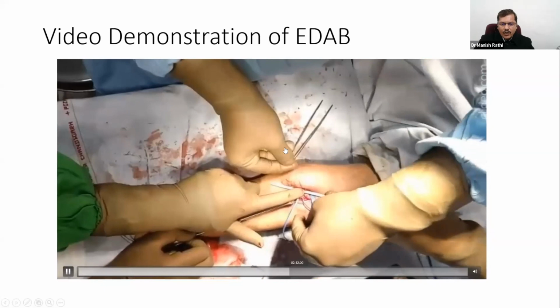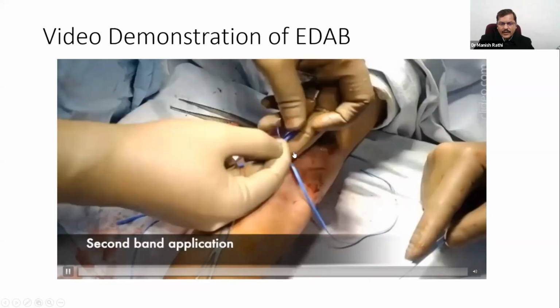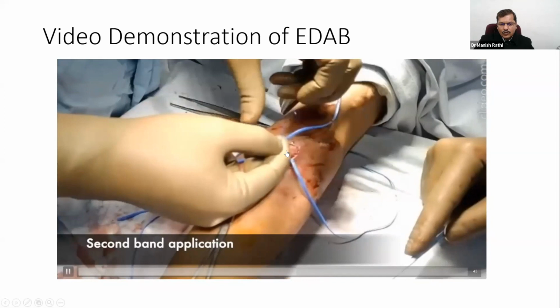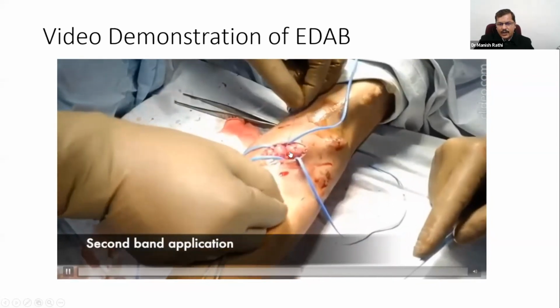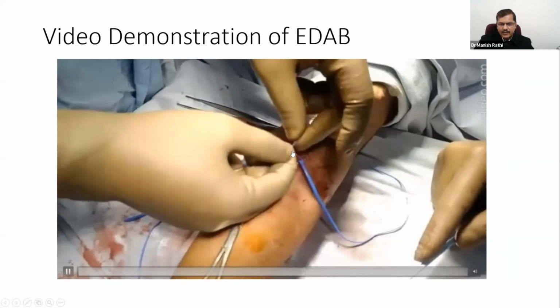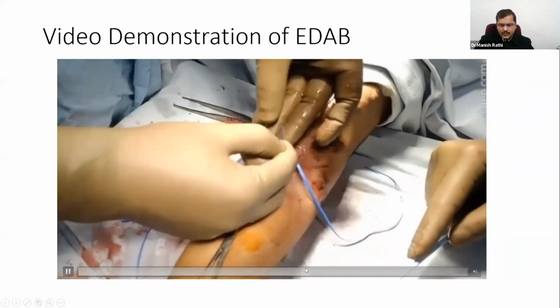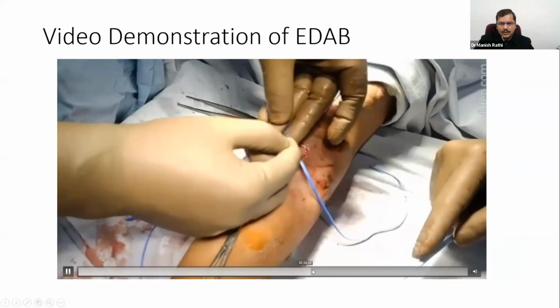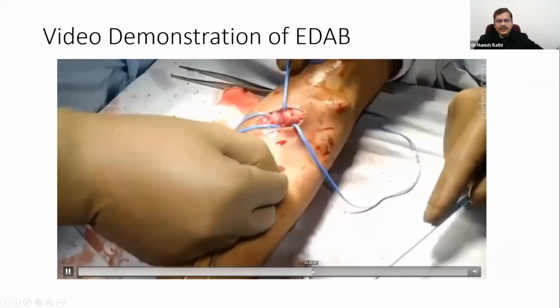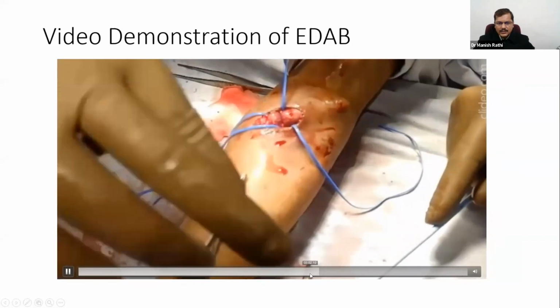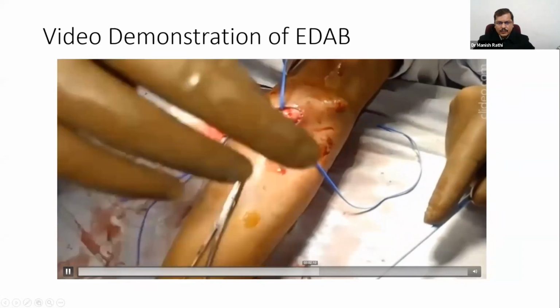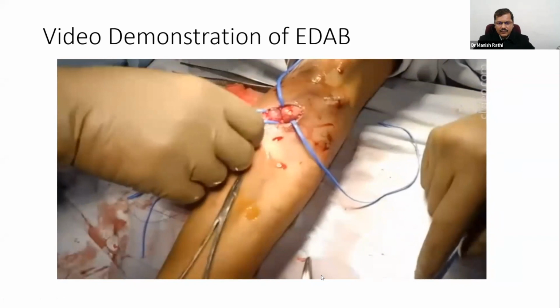We are tying a knot, somebody is holding it, and then we are tying further knots over it. So this is the kind of stenosis we are making in the fistula segment, in the venous segment. This is the first band which we have applied. Usually 3 bands are required like this to achieve a meaningful reduction in the fistula flow.